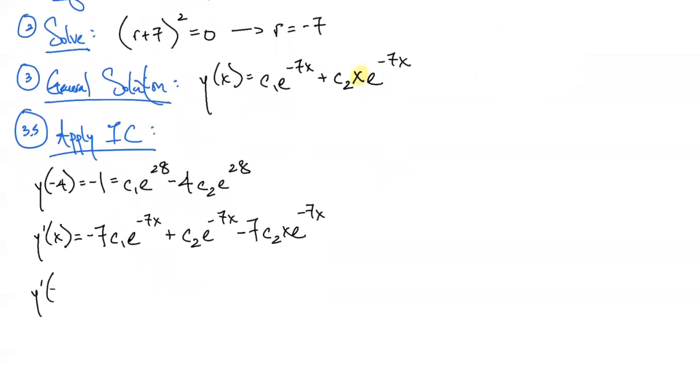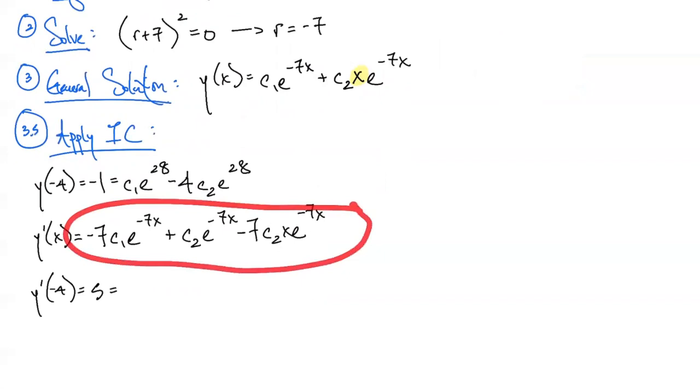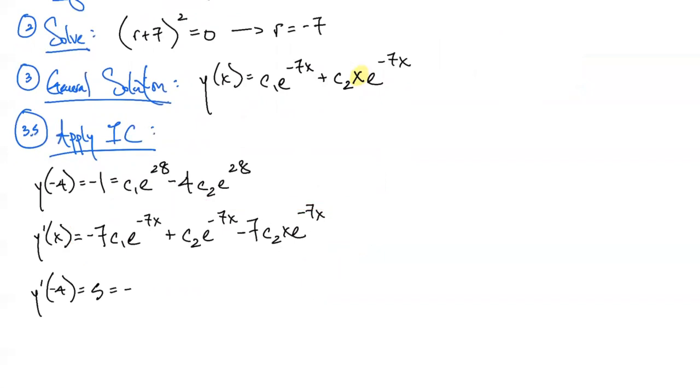We can go ahead and plug in y prime of -4 equals 5, and that will produce our second equation. So y prime of -4 equals, what did I say, 5? That means everywhere in here, I'm going to plug in a -4 for x. -7 c1 e to the 28 plus c2 e to the 28, and then plus 28 c2 e to the 28.